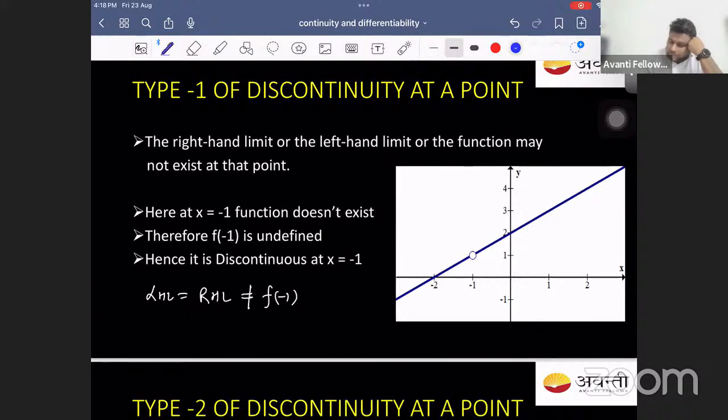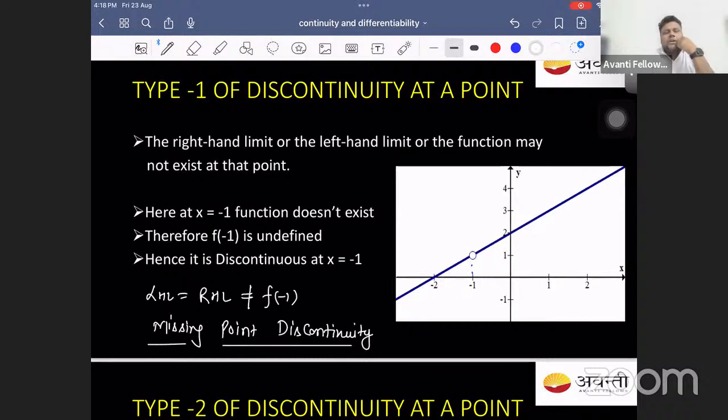In that case, we call it missing point discontinuity, because the value of the function at that point, minus 1, is missing.